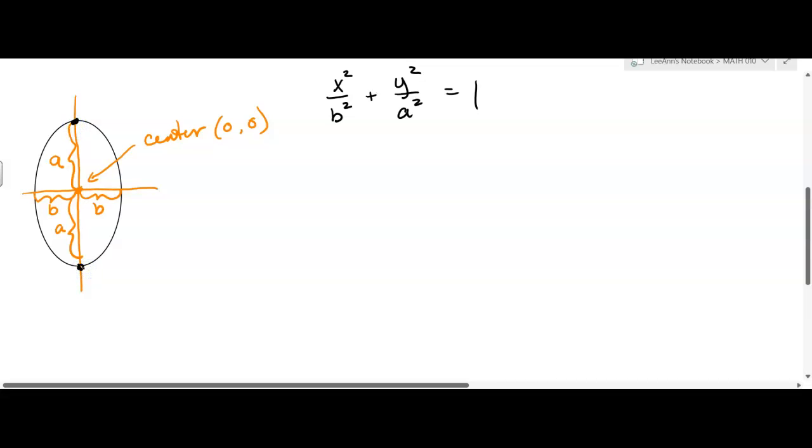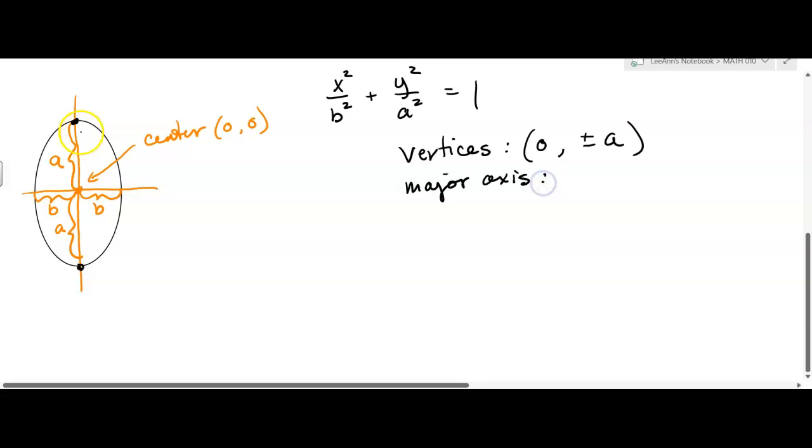Let me write over here. The vertices are at 0, comma, plus or minus a. Let's do the major axis first. The major axis is now going to be the vertical line here. That's going to be equal to 2a.